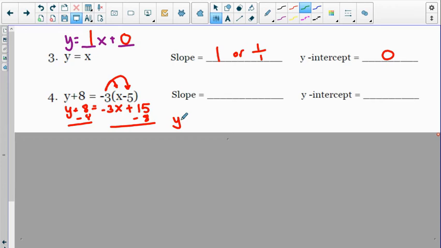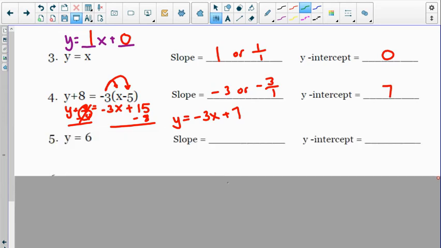That leaves me with y equals, because that cancels, I bring down the negative 3x, and then I do 15 minus 8, which is positive 7. So looking at my equation, I can see that my slope, the number right in front of the x, that coefficient, is negative 3. Or, again, for graphing purposes, we can think of that as negative 3 over 1. And my y-intercept is just positive 7.